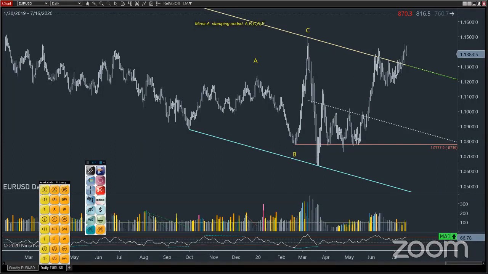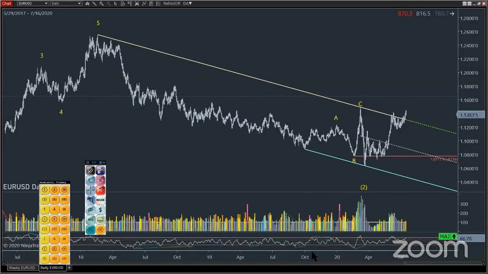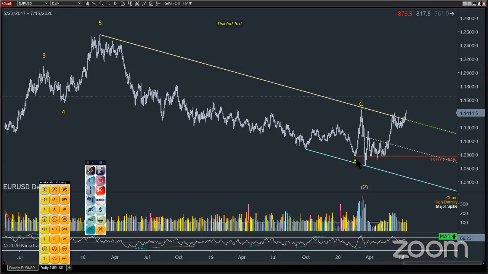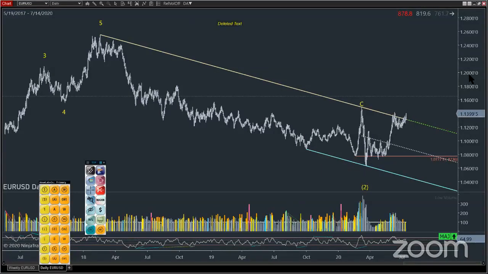For the B wave of wave Y. I know that's hard to follow if you have no idea what I'm talking about Elliott wave, but that's a big, perfect expanded flat. And this would be the end of wave W?